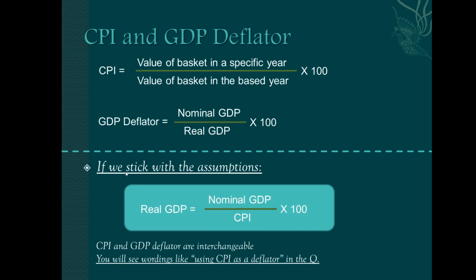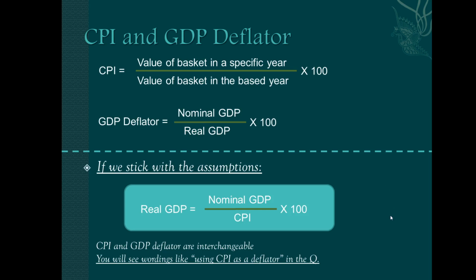But once again, if you stick with the assumptions. In the exams, because we don't want to make it too complicated or too difficult for the students, usually when you have to use this equation, you will see wordings like using CPI as a deflator in the GDP. If you see that, it is trying to assume we are going to stick with all the assumptions that we made just now.